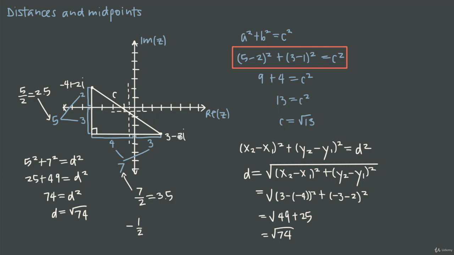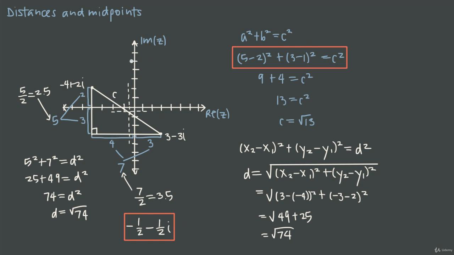If we start at negative 3, the imaginary part down here, and we count up 2.5, we get 1, 2.5, the same spot, up to negative 1/2. That means the imaginary part is going to be negative 1/2, so we get minus 1/2 i. So the midpoint between negative 4 plus 2i and 3 minus 3i is the complex number negative 1/2 minus 1/2 i.